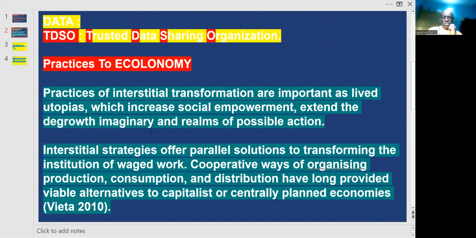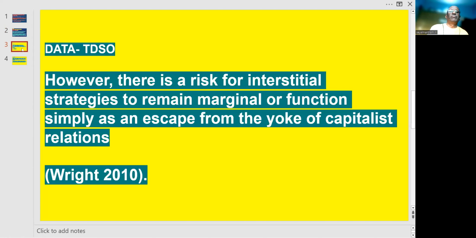So what is data? How is data useful for our trusted data sharing organization? From paper to the present digital format, it has been used in our day-to-day life. However, there is a risk for industrial strategies to remain marginal or function simply as an escape from the yoke of capitalist relationships. It is the accumulation of the capitalist. It's also risk taking to a certain extent.